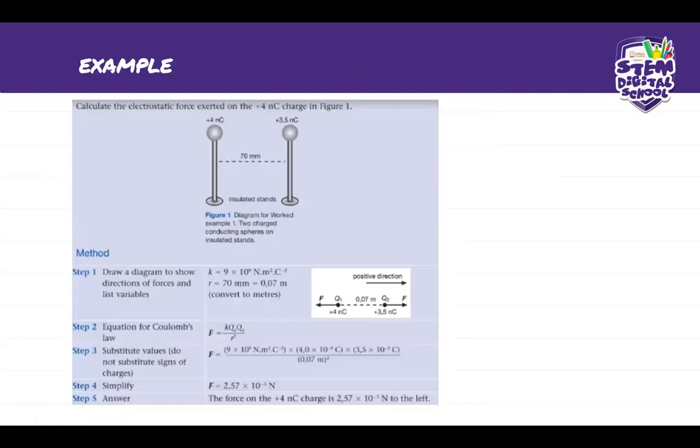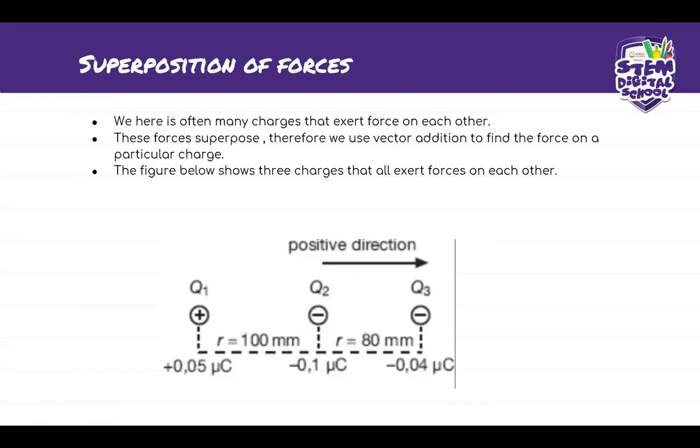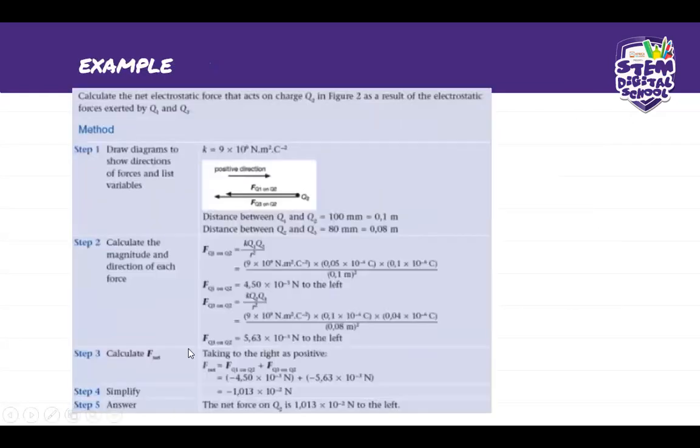Okay, and now we move. So on the next one, we do the same procedure, but in this case, we're using Q2 and Q3. When we do Q2 and Q3, we divide it by the distance, which was 80 millimeters, remember? This one right here. And we divide them both, and we're going to have our answer once again.